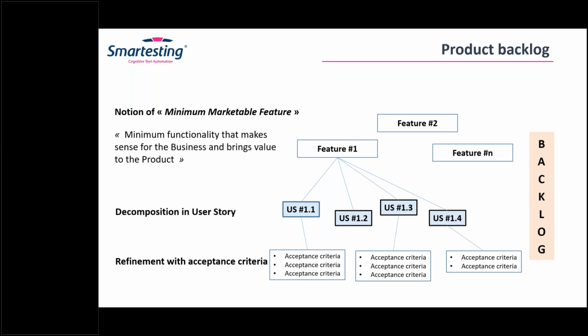This is what constitutes the backlog. Please recollect the points I made a while ago about the minimum marketable feature, the minimum functionality that makes sense for the business itself, and that which brings value to the product. I will now explain, using this visual representation, how visual ATDD and BDD Gherkin are positioned.